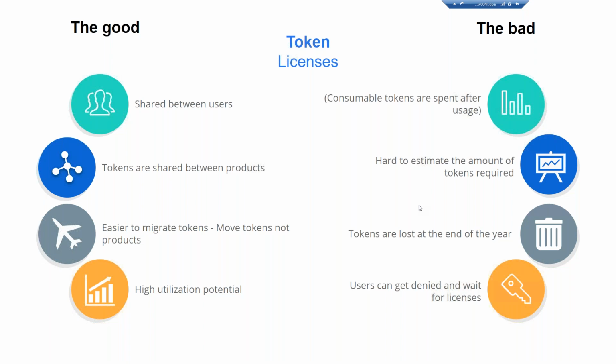If it's consumable, of course, it's spent after usage. It's hard to estimate the amount of tokens required because it's not a one-to-one ratio like it was before. I've got 10 licenses and about 10 users, so it should work out. Now it's tough. This has 10 tokens, this has 20 tokens, this has 30, this has 50, this has 10. Whoa.